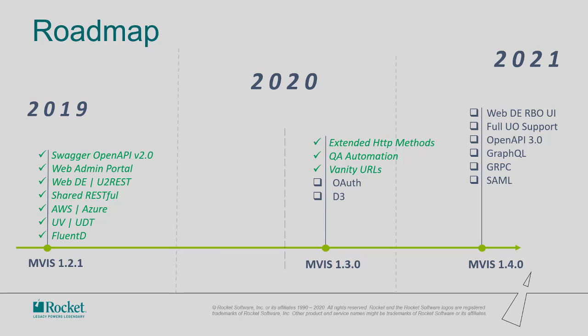We also plan to increase the security aspects of MVIS through the integration of OAuth and support our MV application server, the D3 side of the house, with MVIS 1.3.0, which again is planned for the later half of this year.